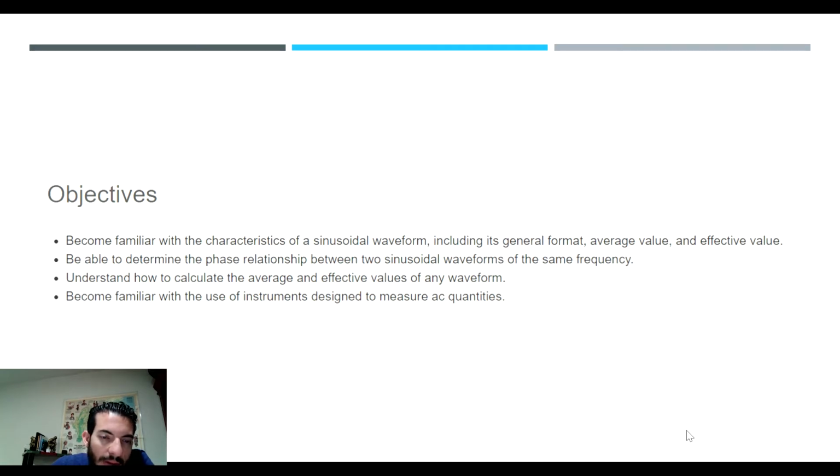So the goal is to become familiar with the characteristics of waves and the waveforms, including the general form and how to get the average value, since very likely you have heard the RMS value of the voltage or the current, and RMS stands for the root mean square, so that when you buy a product, an appliance, an equipment, they give you a voltage rating.